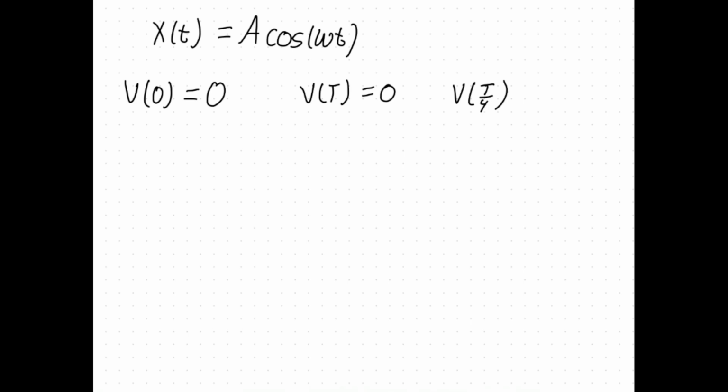So if I just draw a picture to illustrate that point, if I'm going from time 0 to time capital T, my system will oscillate from my initial position, or it'll start with initial position and 0 velocity. It will go to its maximum velocity when it is at the equilibrium position.